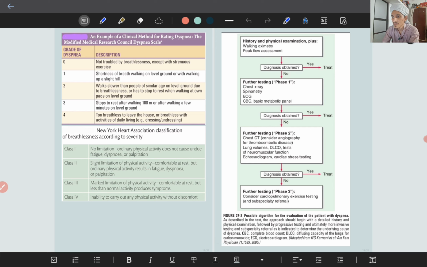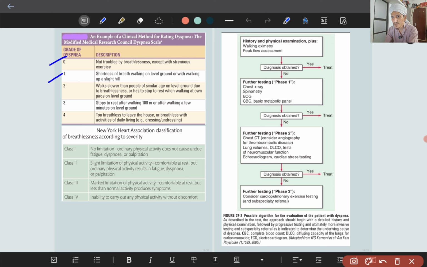See, so for pulmonary cause of breathlessness, MMRC scale, grade 0 is not troubled by breathlessness except with strenuous exercise. That means it is normal. Grade 1 is shortness of breath when walking on level ground or walking up a slight hill.